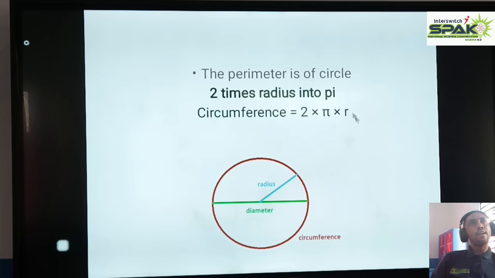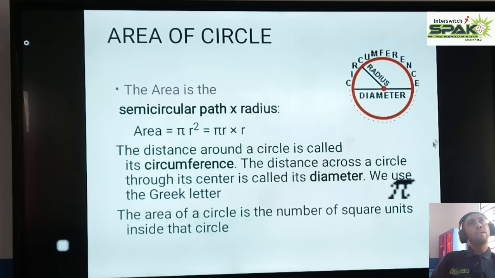And for area, the area is a semicircular path times radius. The semicircular path, that is pi r, times the radius r, simplifies to pi r squared.